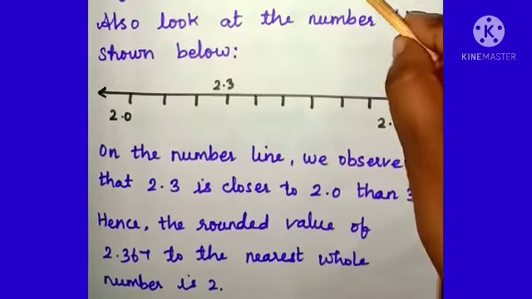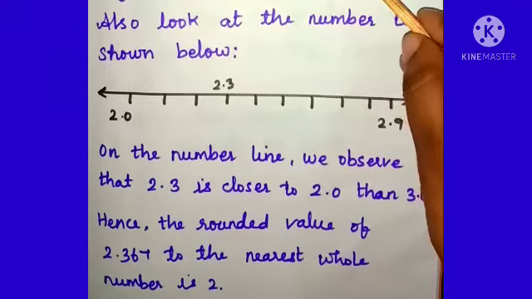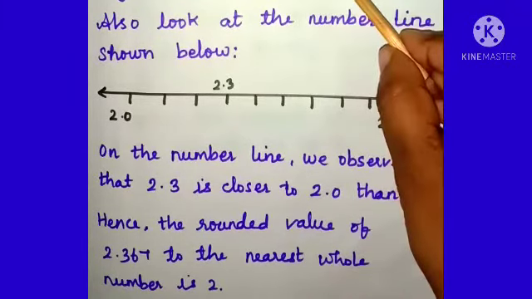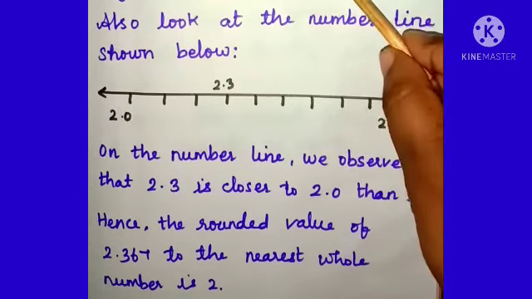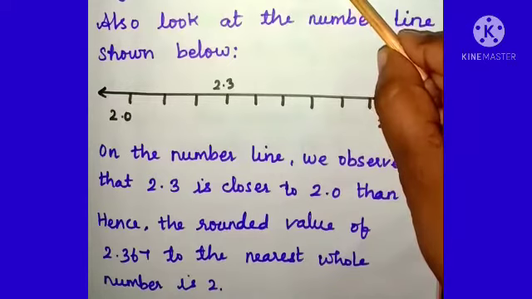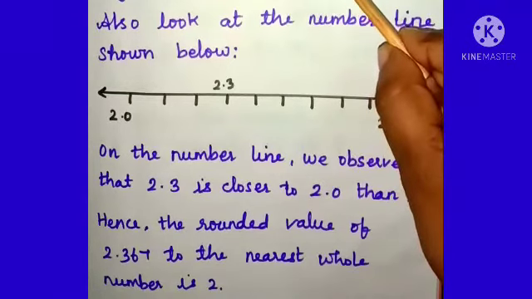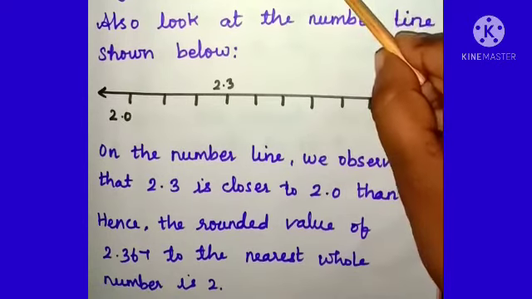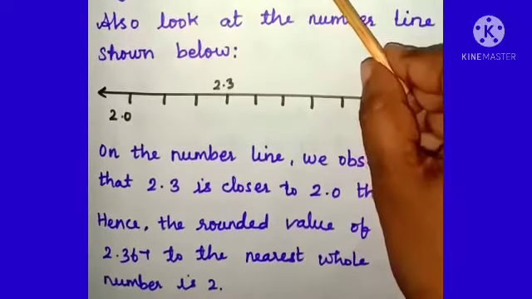Here 3 is the digit which is right of the underlined digit, and see whether the digit is less than 5 or not. Yes, the digit next to the underlined digit is 3, which is less than 5.